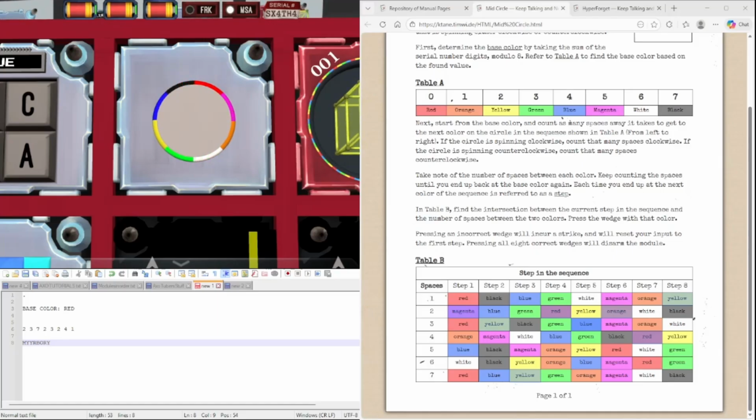Control 2, 3, 7, 2, 3, 2, 4, 1. So hopefully.